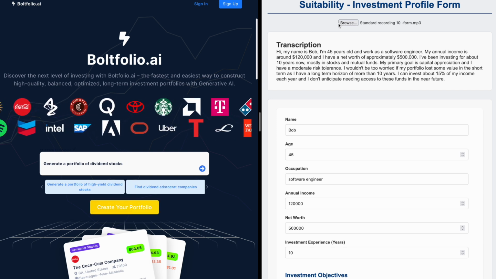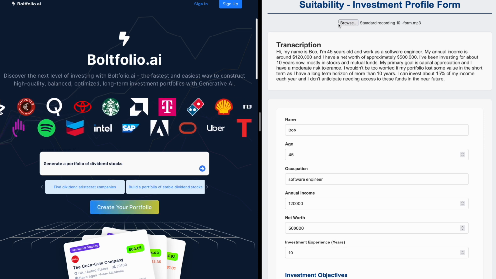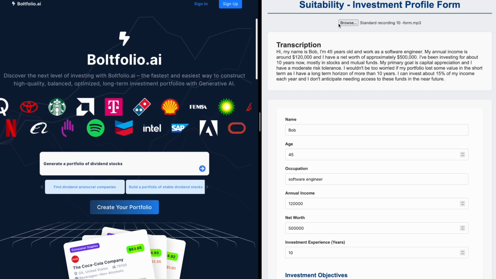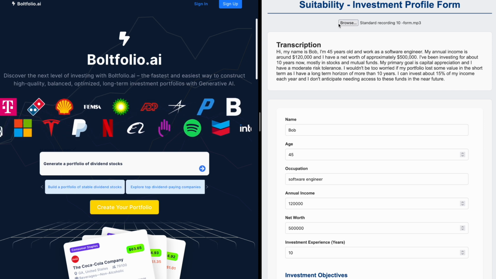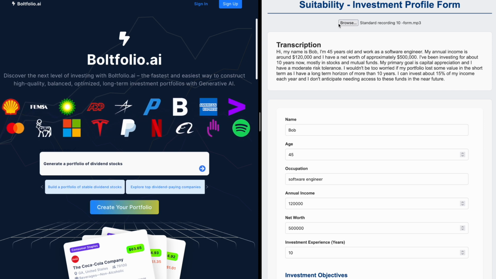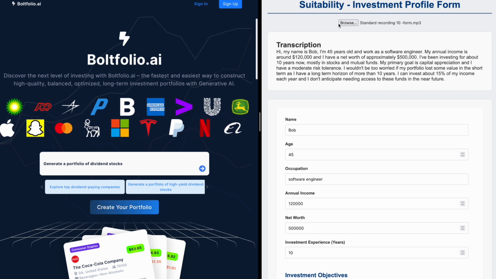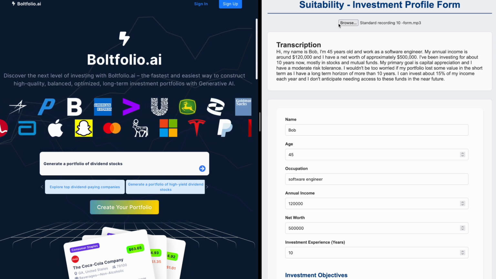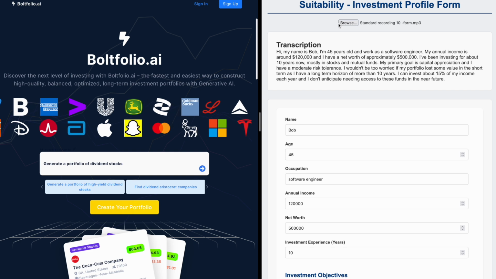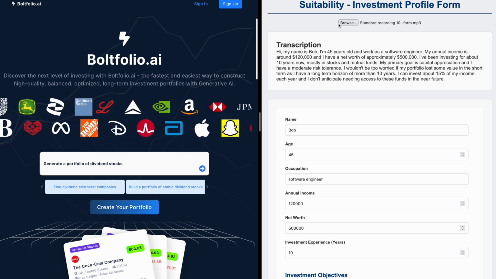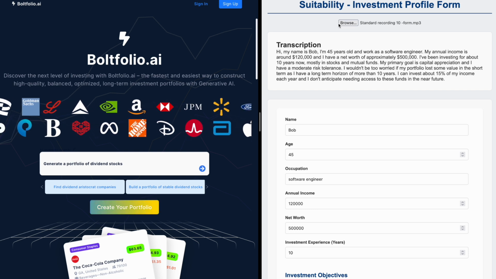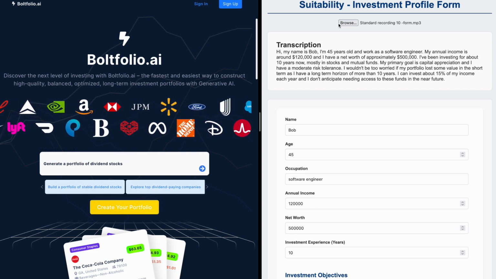I've been investing for about 10 years now, mostly in stocks and mutual funds. My primary goal is capital appreciation, and I have a moderate risk tolerance. I wouldn't be too worried if my portfolio lost some value in the short term, as I have a long-term horizon of more than 10 years. I can invest about 15% of my income each year, and I don't anticipate needing access to these funds in the near future.